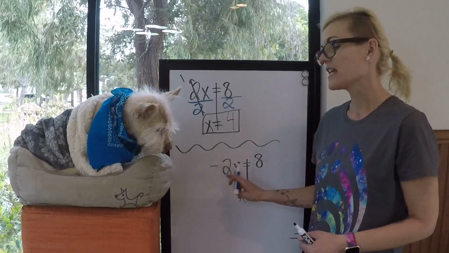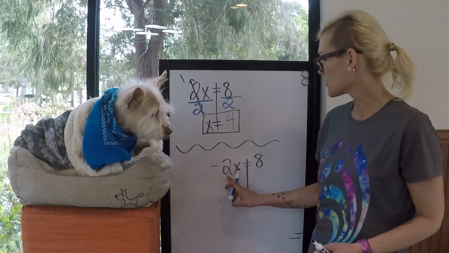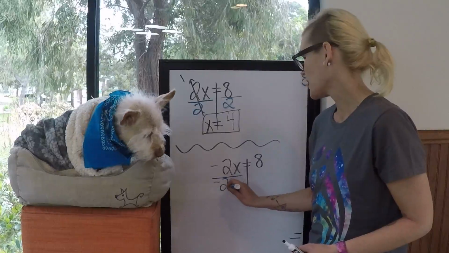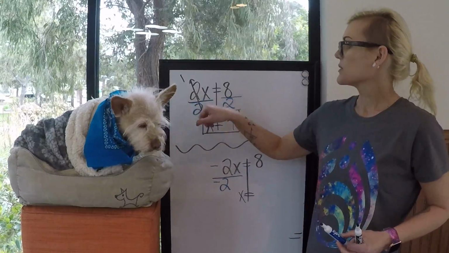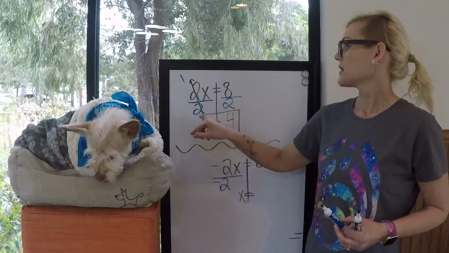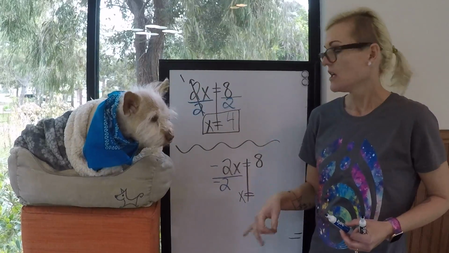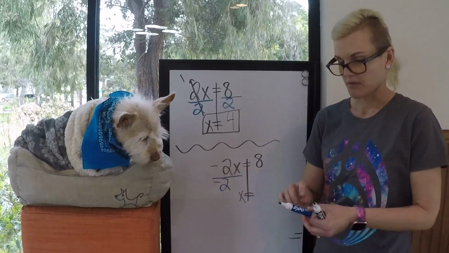This 2, this negative 2. What's happening? Well, this negative 2 is being multiplied. The opposite of multiplying by a negative 2 is dividing by a negative 2. Be careful when you do division that your numbers match up. If I'm multiplying by a positive 2, I'm dividing by a positive 2. If I'm multiplying by a negative 2, I'm also dividing by a negative 2.